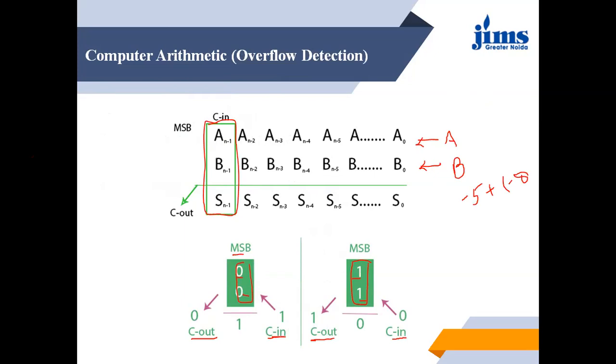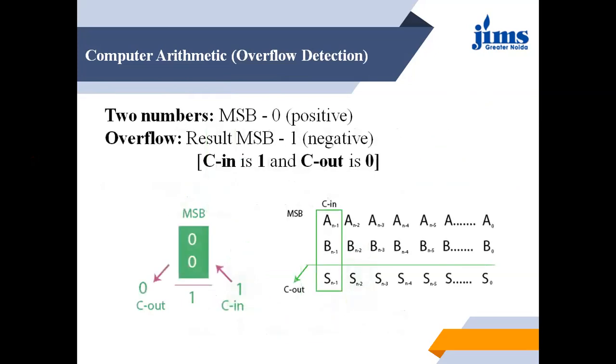So we will understand these two examples separately. First, we will see for the positive numbers. When we have two numbers A and B, as I told you just now, and these two numbers are positive, means MSB of these two numbers is 0. This is the MSB of the first number.